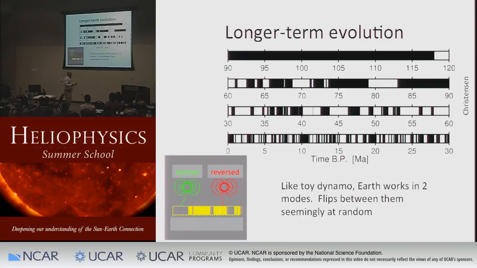But it flips sporadically, right? This is not a periodic function. This is black, white. It looks like a barcode. So that's perfectly natural, right? Why shouldn't it flip back and forth? It can work in two modes, and it's driven by a chaotic random process, so it just seems to kick itself into the other mode once in a while.